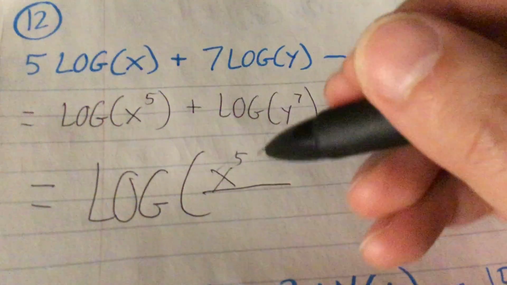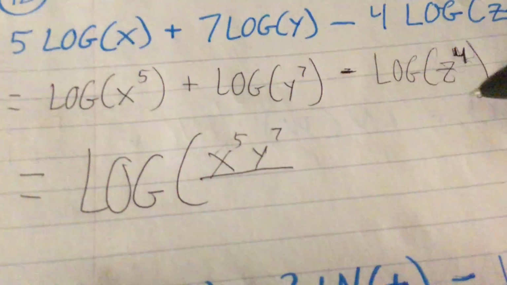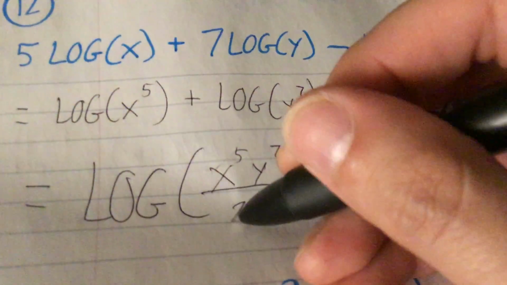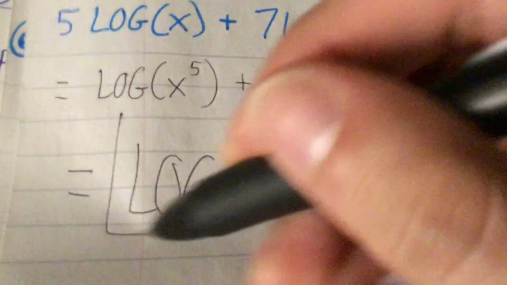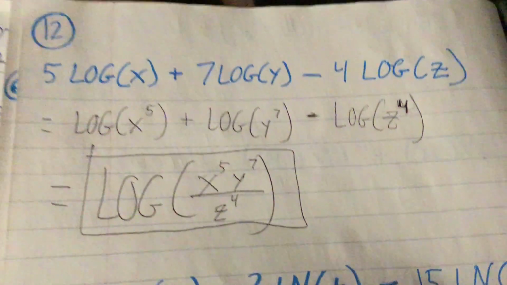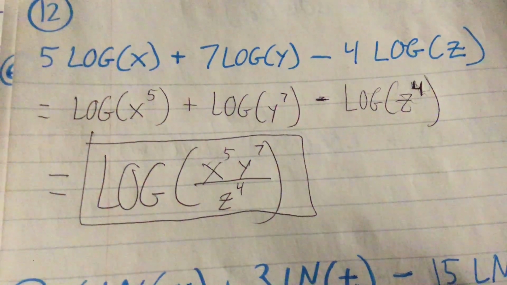Okay, that's positive, so y to the 7th goes on the top. Minus log of z to the 4th, so the z to the 4th is in the denominator. So that is how you completely condense a logarithm when it's fully expanded and all wild like that.